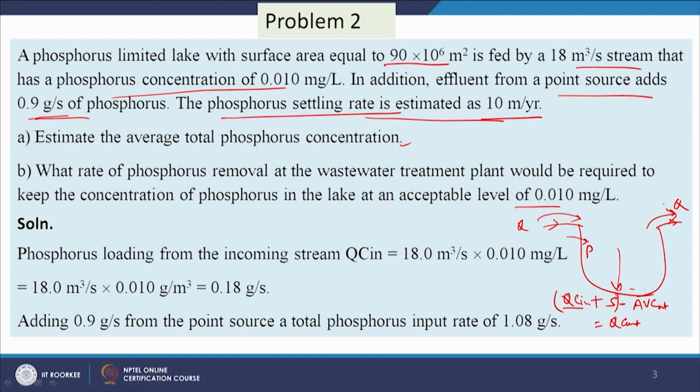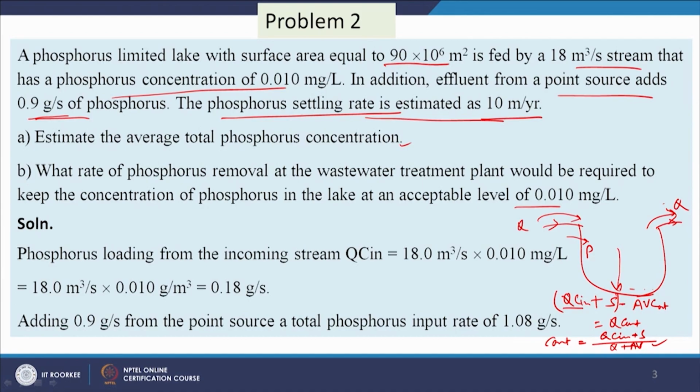So, this will be the relationship. Or if we write it, C out is equal to (Q C in plus S) divided by (Q plus A V). Okay. So, this is the relationship we are getting.